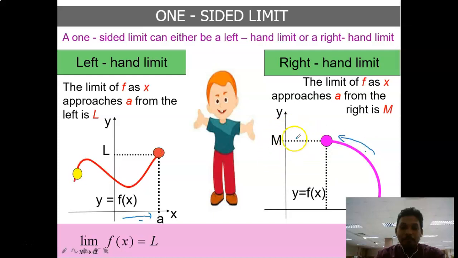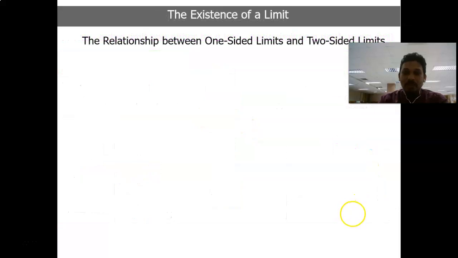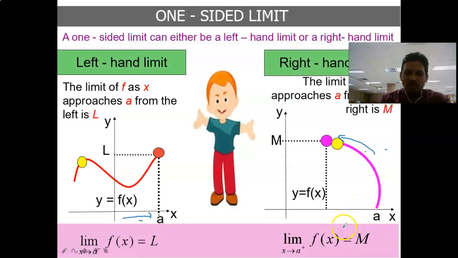Take a look at the movement of the graph from the right side approaching the value of x equal to a. I think we may need to make some adjustment or correction here: approaching a from the right means that a is supposed to be here. Okay, sorry.